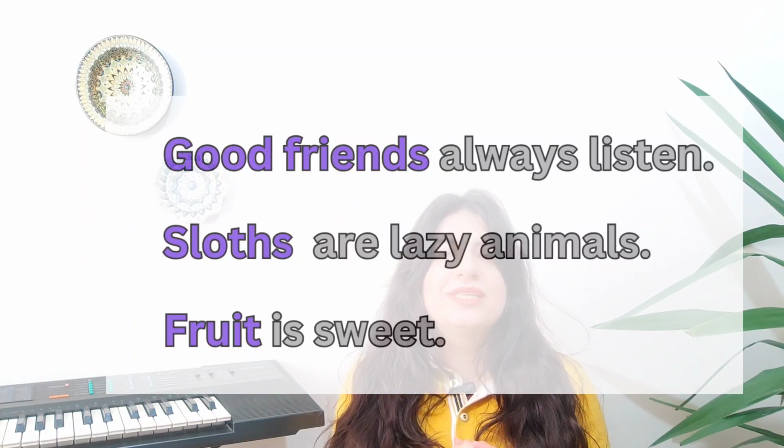Fruit is sweet. So these are all general statements. I'm talking generally about the characteristics of good friends, sloths, and fruit. Did you notice that all of these nouns are either plural or they're uncountable? And we do this to talk generally about something.